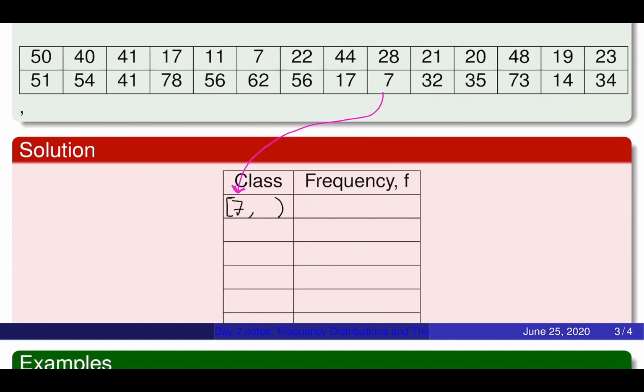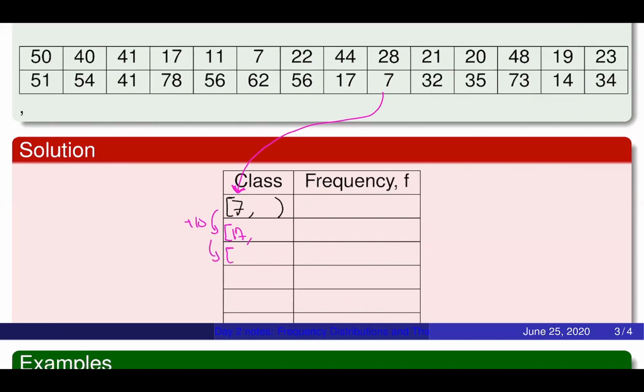So what did they say the bin width was? 10. So that means if I want to get this next number, we're going to do plus 10. If I do 7 plus 10, we get 17.